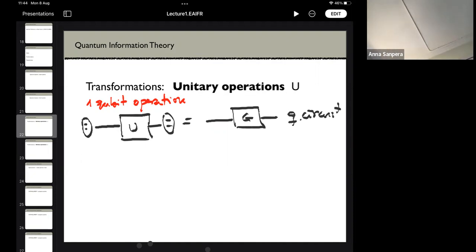Now, when we talk about quantum circuits, when we draw a quantum circuit, you will understand everything very simply. I will have maybe more than 1 qubit, something like that.